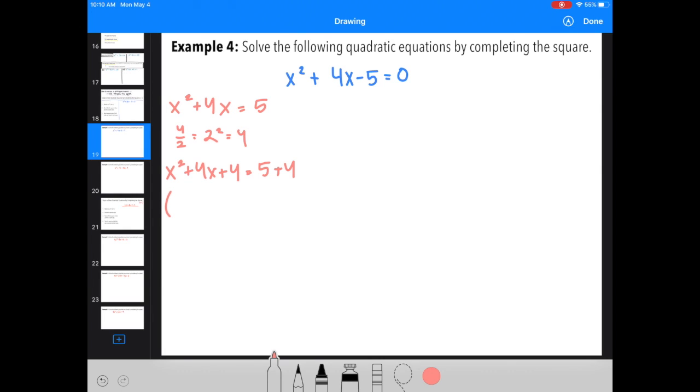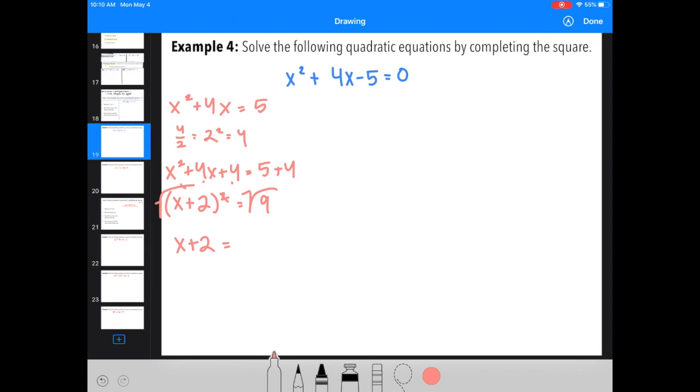Now I'm going to simplify that perfect square trinomial. So x squared plus 4x plus 4, if I'm going to factor that, that equals x plus 2 squared, because 2 plus 2 equals 4, and 2 times 2 equals 4. I'm going to simplify my right-hand side, so 5 plus 4 is 9. Now I'm going to use the square root property, take the square root of both of those values.